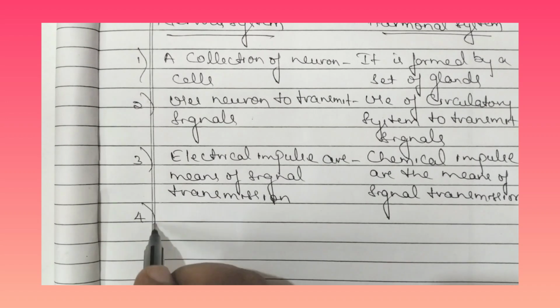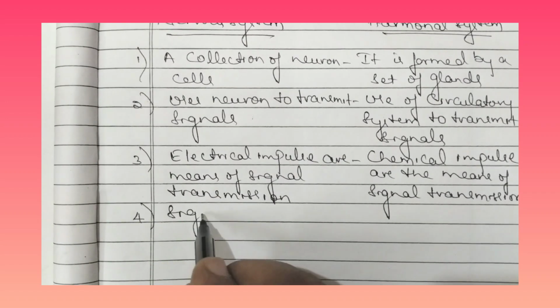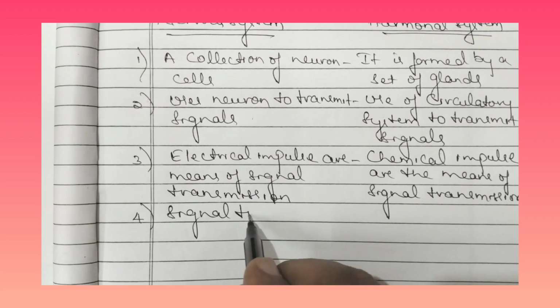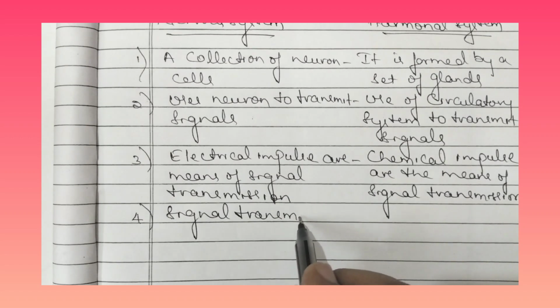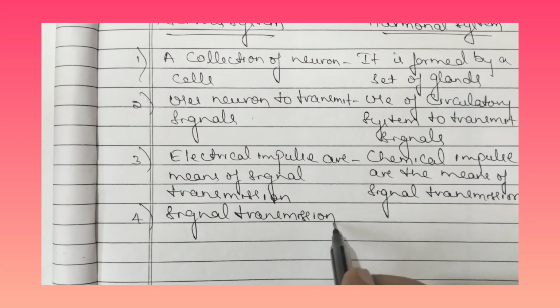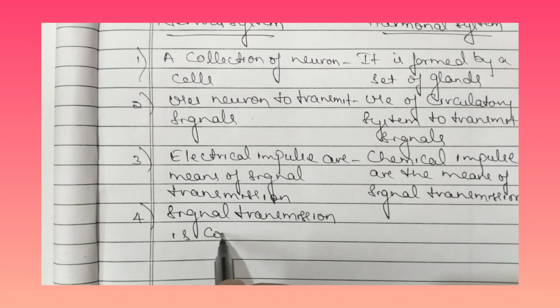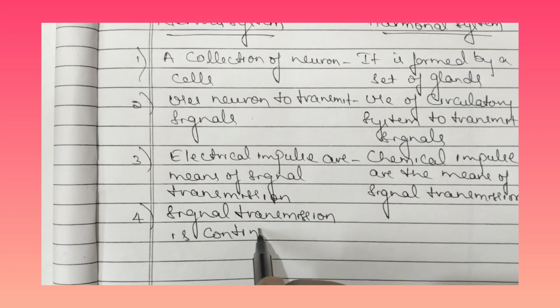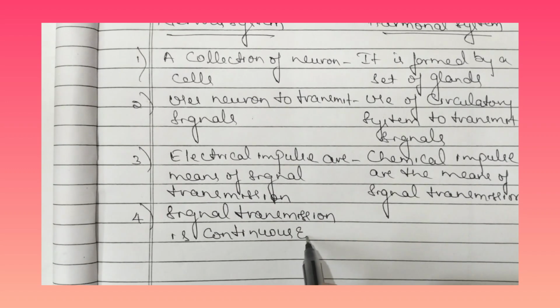Then signal transmission is continuous and fast in the nervous system.